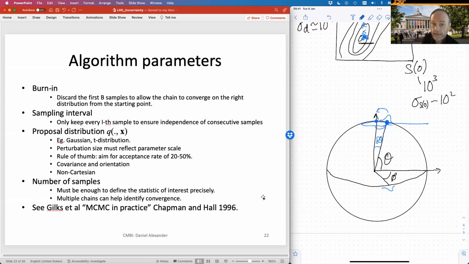So there are many, many more points that the inverse perturbation in theta can take us to than the original forward perturbation of theta, showing us that that proposal distribution is not symmetric.